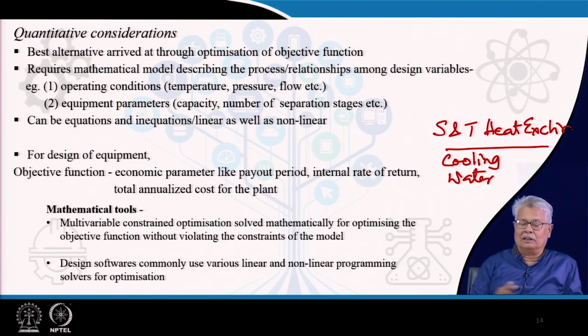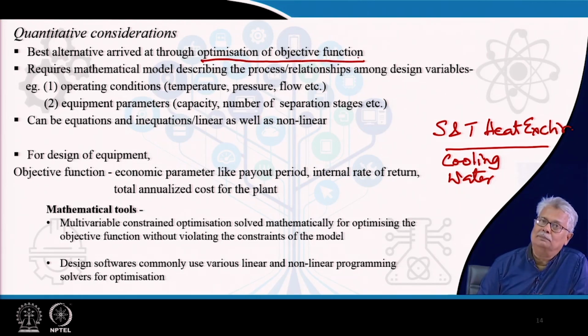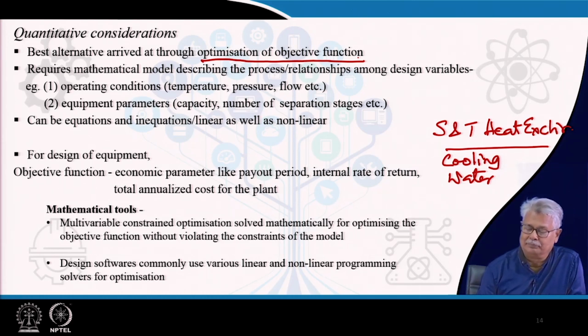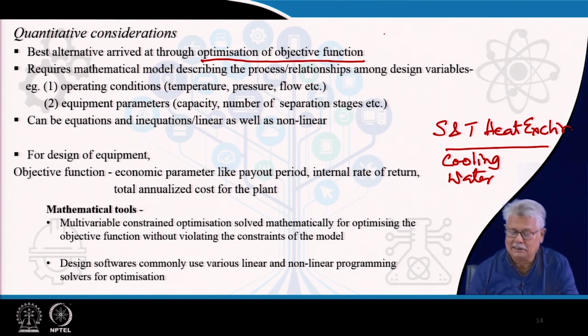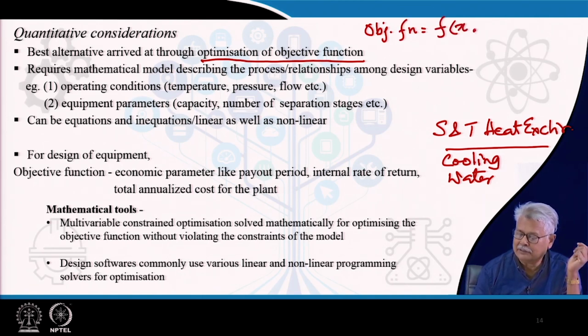Whenever we are talking of an optimization problem, there has to be an objective. There has to be an objective function when we are solving a mathematical optimization problem. Just to give you an idea, mathematically, I'll just say the objective function is a function of several parameters of design x1, x2 and x3.